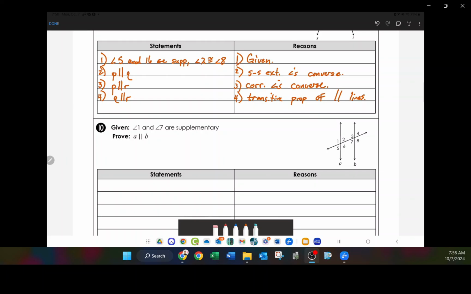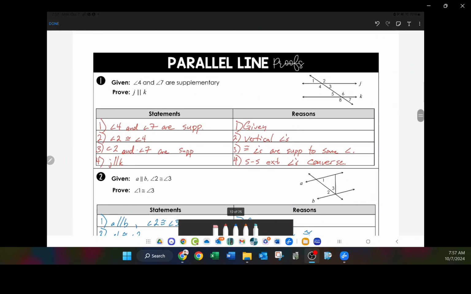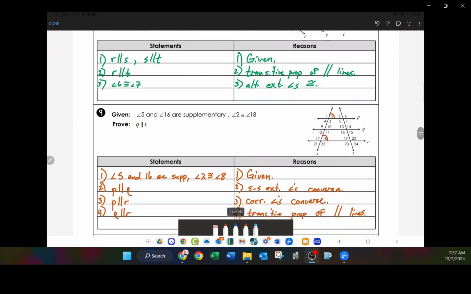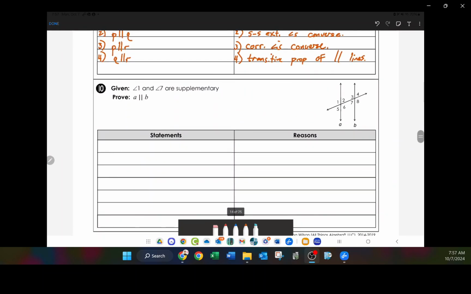We know that the very first one we had is pretty much the same question. You're given 4 and 7 are supplementary, so prove lines are parallel. Same question. 1 and 7 are supplementary, so lines are parallel. So, I think we went last time with what?